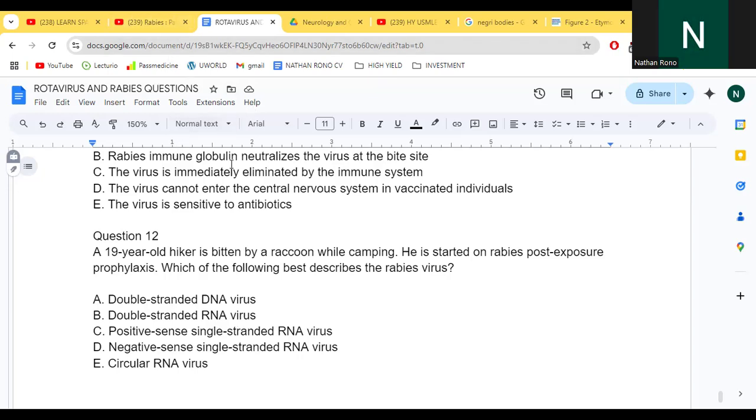So it's RNA. Is it double-stranded, positive sense, or single-stranded, or negative sense?